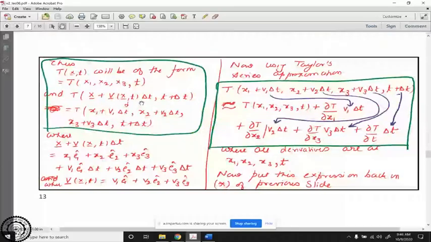T(x,t) can be written as T(x1, x2, x3, t), a function of four variables. And T at x plus v delta t, which is the new location at the new time instant, can be written as x1 plus v1 delta t. So instead of x1, you have x1 plus v1 delta t. Instead of x2, you have x2 plus v2 delta t, and so on. And lastly, instead of t, you have t plus delta t. Right?